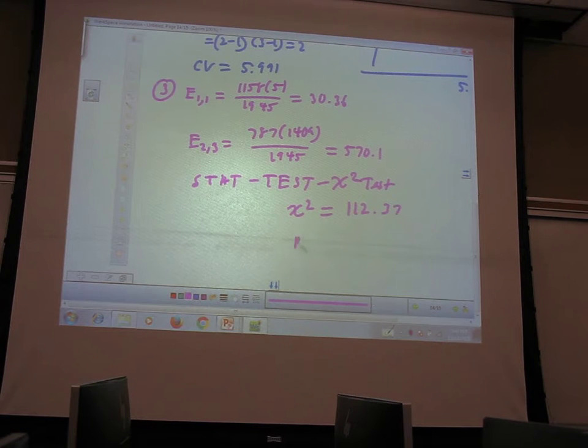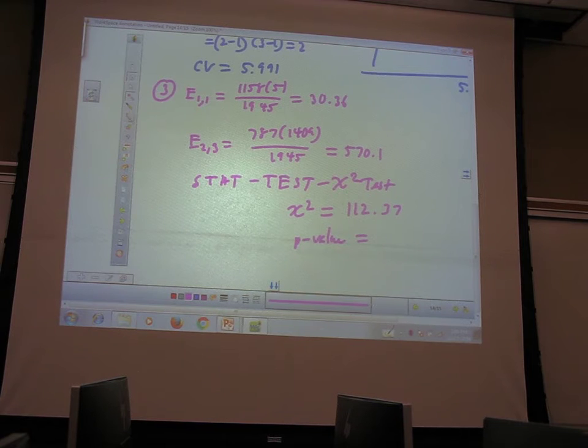Yeah. And you got a p-value of 3 times 10 to the minus 25th. Okay, once you get to many, many zeros, that's about equal to 0. If you get past 7 zeros, you can say it's about equal to 0.